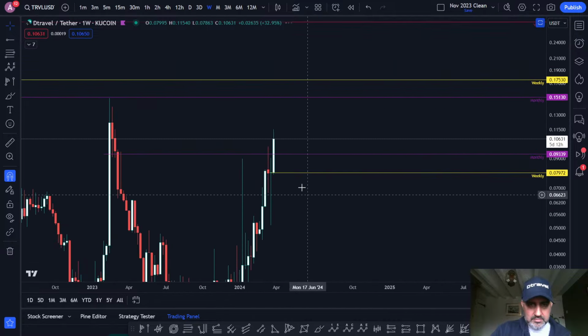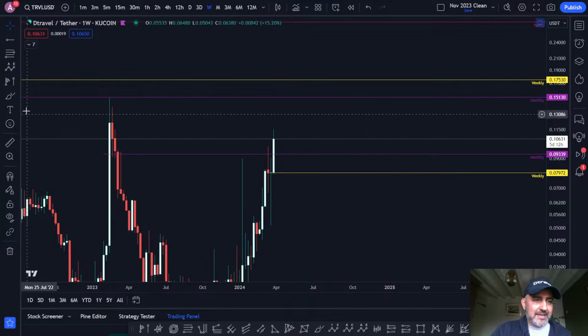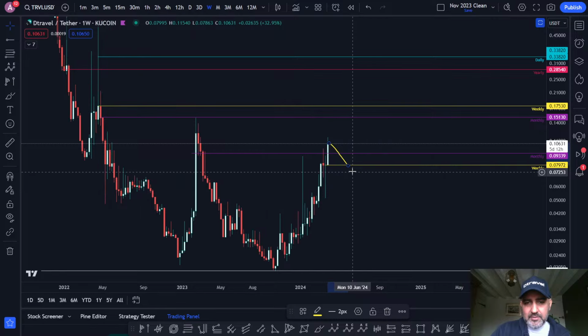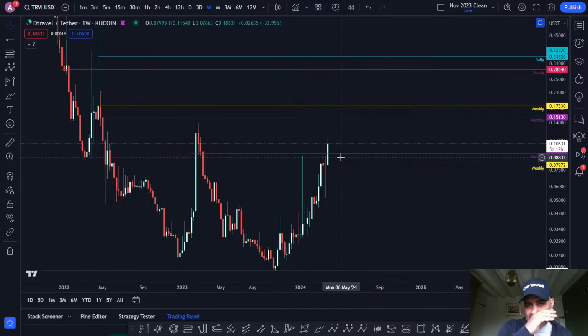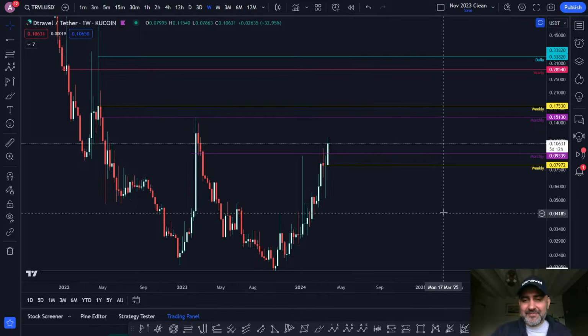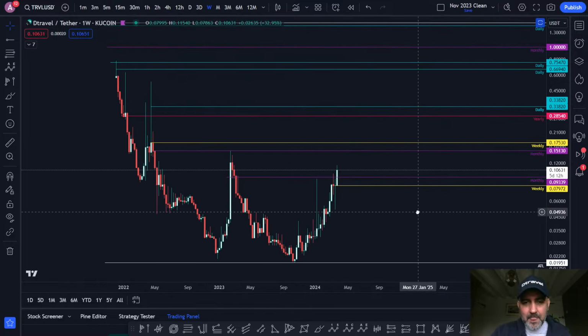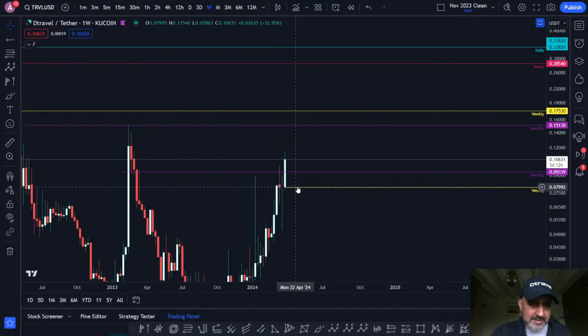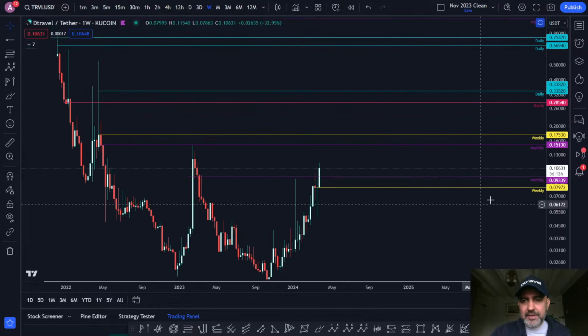So if for some godforsaken reason we were to go back down, it wouldn't look great, but that's a level. I wouldn't like that, actually. I'm not even going to think about that for now. Anything can happen in crypto. So I'll leave it. The weekly level was being tapped, but there's a daily there as well, so I'll leave it.